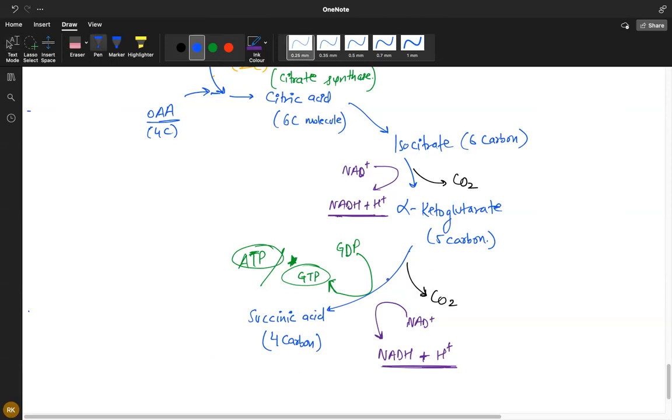So there are 2 enzymes. So as I told you, it's a two-step process. So from alpha ketoglutarate, I'm not telling you about the enzyme which makes alpha ketoglutarate from isocitrate because that's not an important step for you. But from alpha ketoglutarate, first there is an enzyme which is called alpha ketoglutarate dehydrogenase.